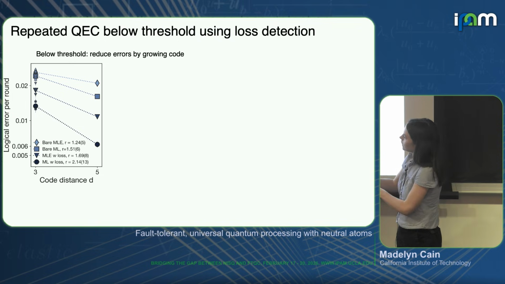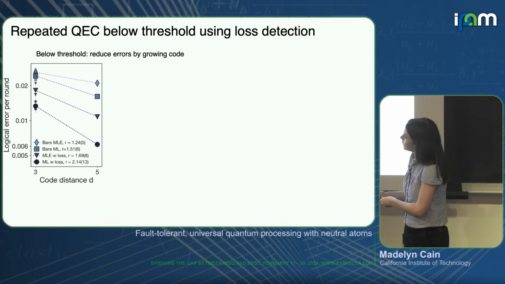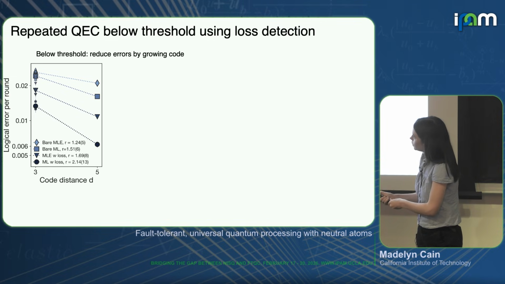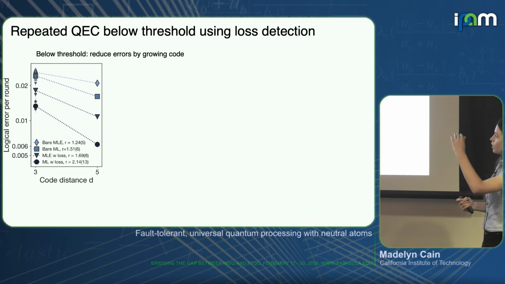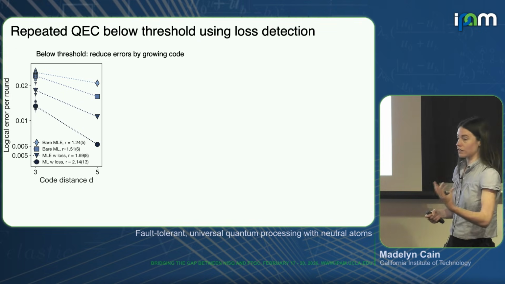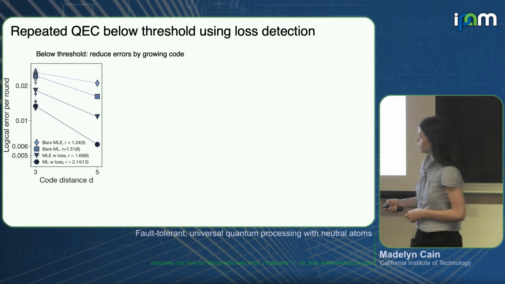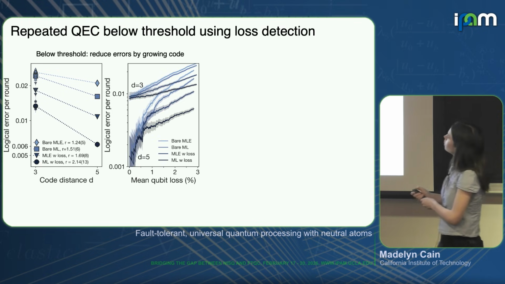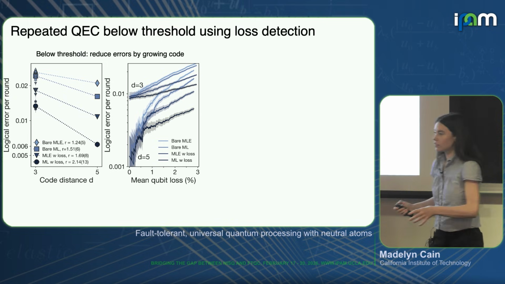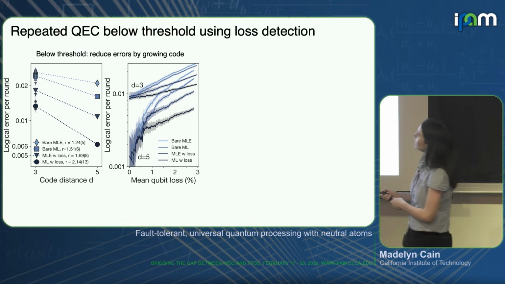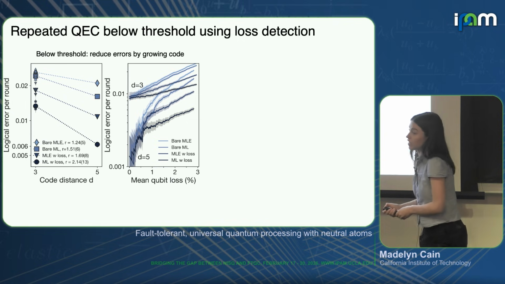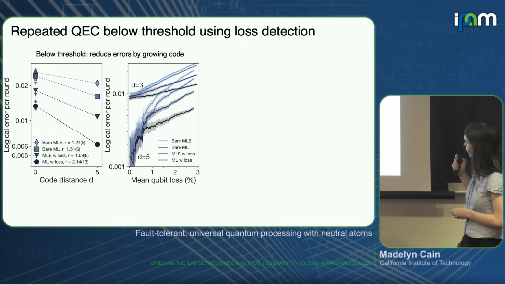One thing I want to mention before I explain these decoders is that if you use the loss information, which is these 2 darker lines, you get a drastic improvement in your logical error rate, which is again using this heralded error to do a better job decoding. Furthermore, if you look at shots with less qubit loss, so less heralded errors, you can suppress logical error rates to roughly 10 to the minus 3 levels.